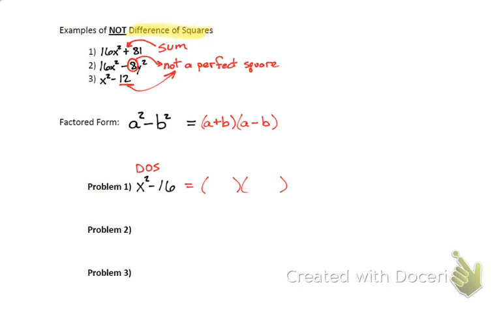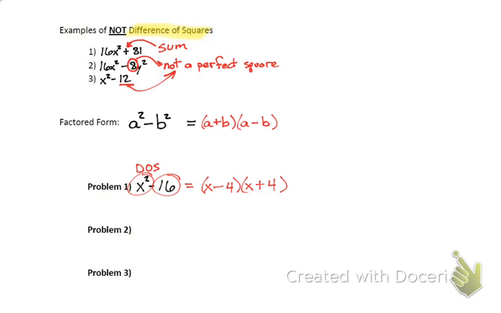So in the first place here, you take the square root of 1x squared, which is just 1x. Then you have one plus sign, one minus sign, and again it does not matter which way you write it. It could be minus first, plus second, doesn't matter. And then you take the square root of the last piece, 16. Square root of 16 is 4. And you're done. X minus 4, x plus 4.